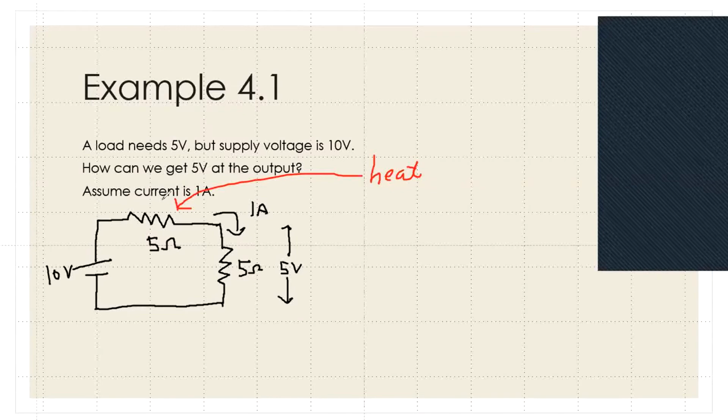Okay, so this is considered as loss. We don't want any heat. For example, if you are charging your phone, you don't want your phone to be heated, right? Okay, so we don't want this. So we have to find another way to get the 5 volt from the 10 volt of input.